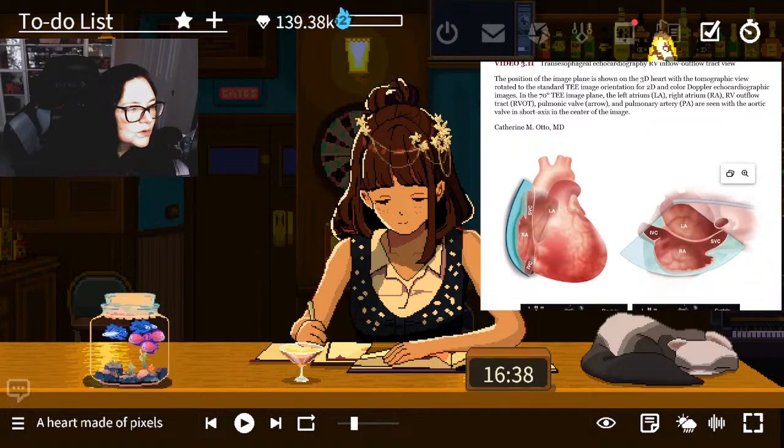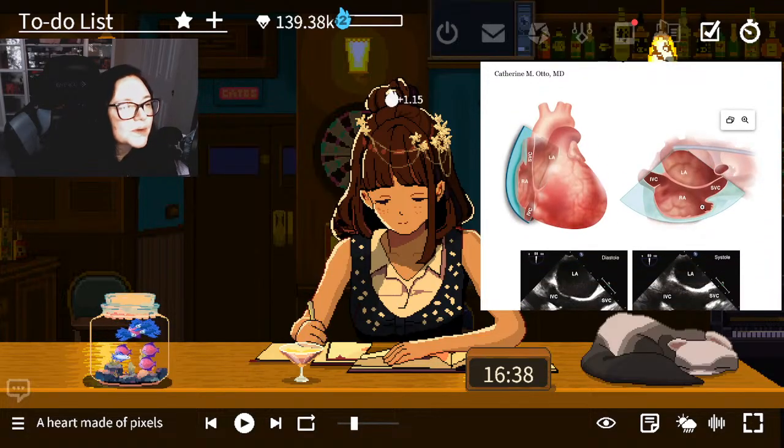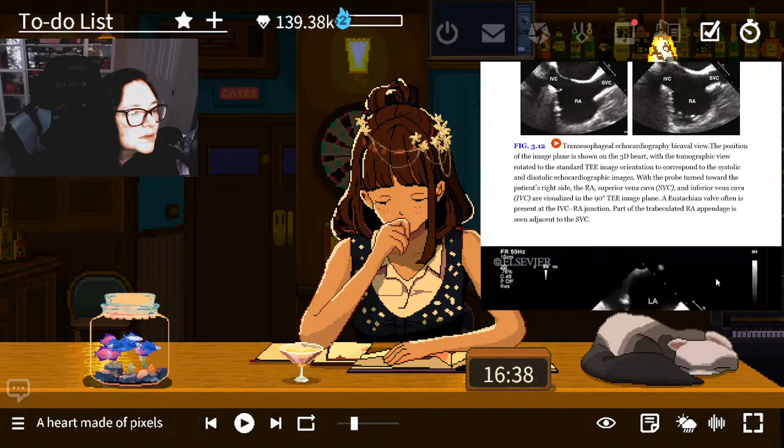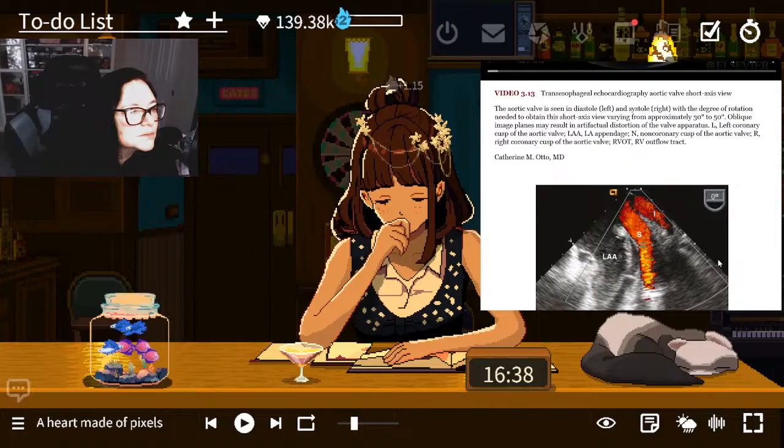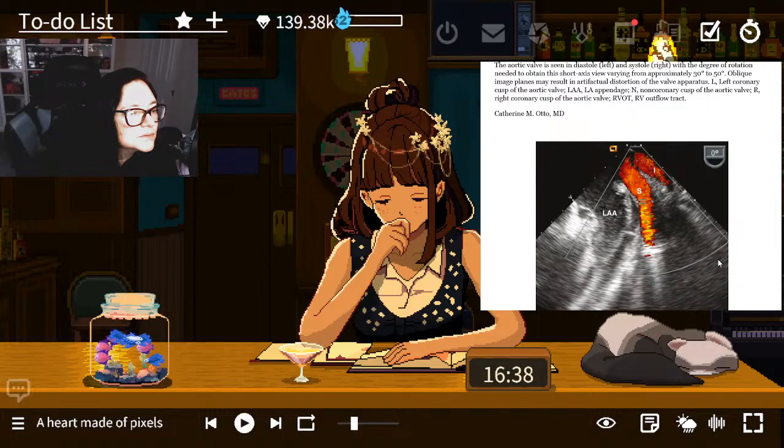Okay, there's that crab walk looking thing right there. Superior vena cava, inferior vena cava in the right atrium here. That's the left superior and the left inferior.